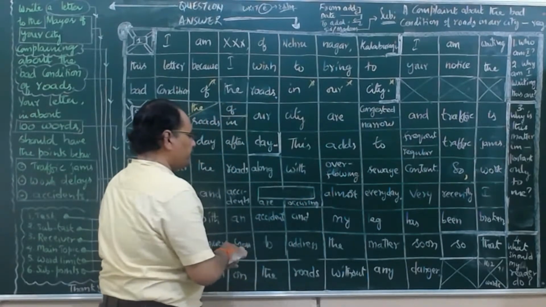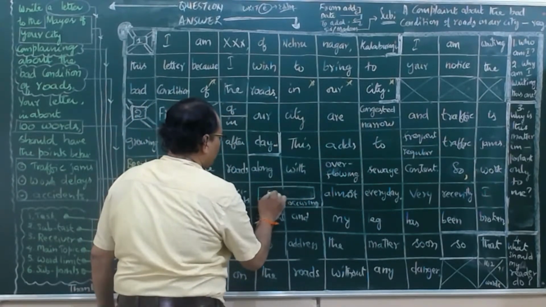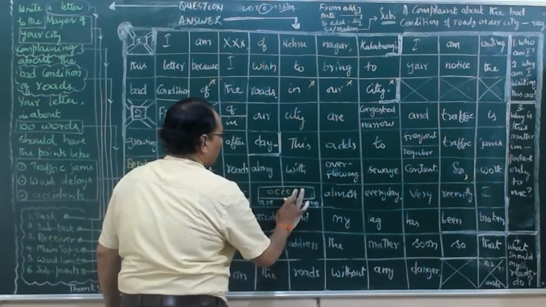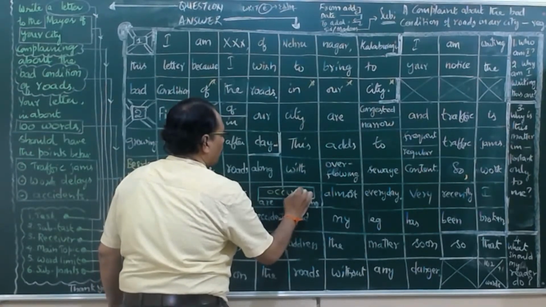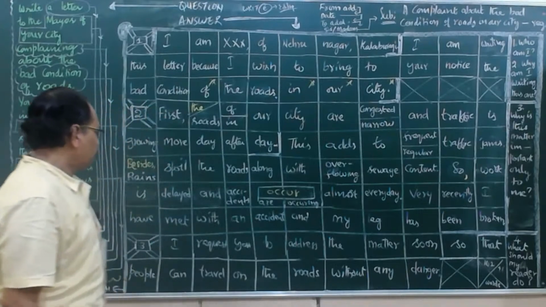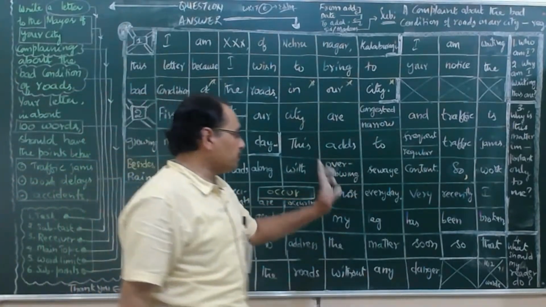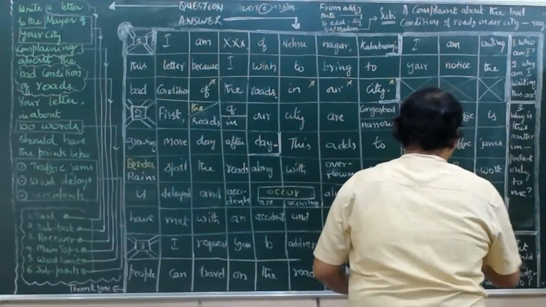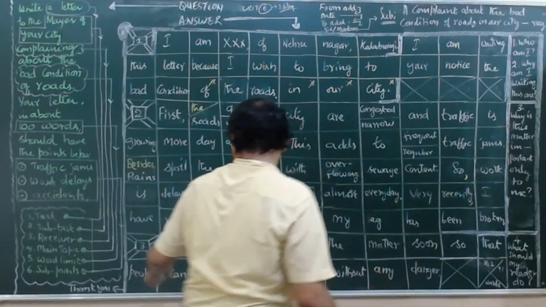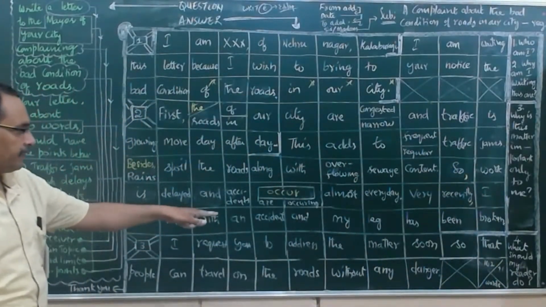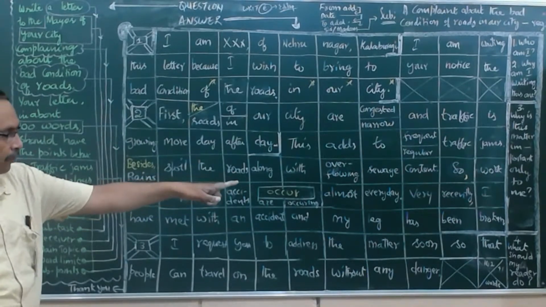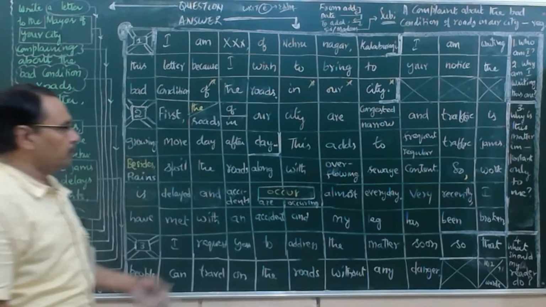Now we are joining them together and we are writing occur. Okay. So an accident occur almost every day. Very recently, I have met with an accident and my leg has been broken. So that is how we write this.